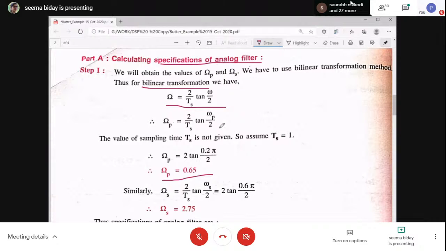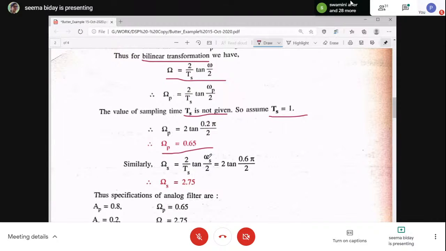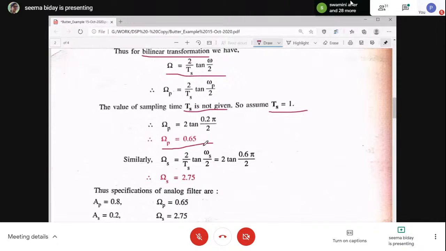Right? So the first step is converting digital to analog specifications by omega p equal to 2 by Ts tan of Wp by 2. Now Ts is not given, so you can assume it as 1 second, but you should write that there. This is how you have got omega p.